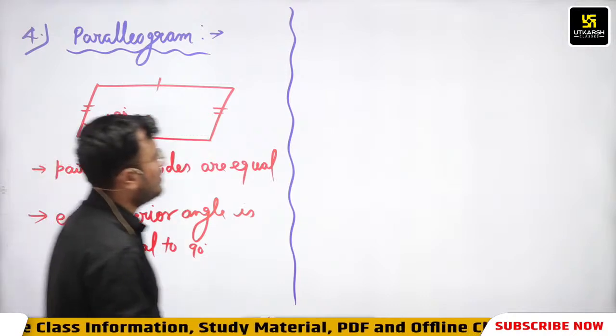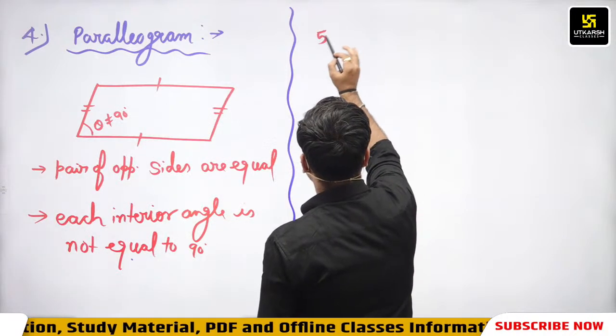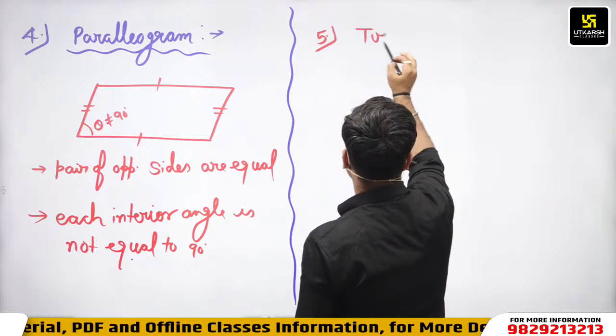There is one more type of quadrilateral, that is known as trapezium.